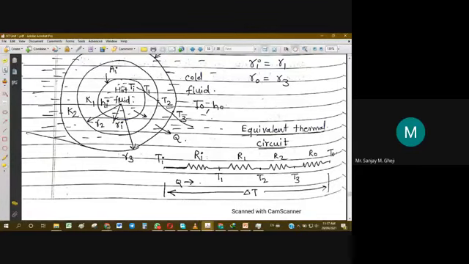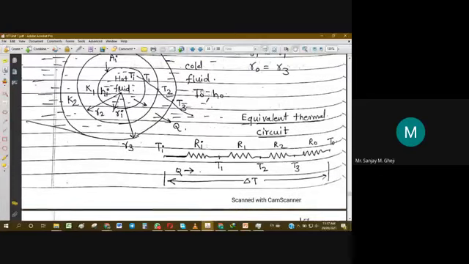Inner convective resistance will be Ri. Conductive resistance of the first tube is R1. Conductive resistance of the outer tube or outer layer is R2, and convective resistance of the outer fluid is Ro. The temperatures are like this: Ti is the innermost temperature, To is the outermost temperature, and in between are T1, T2, T3.